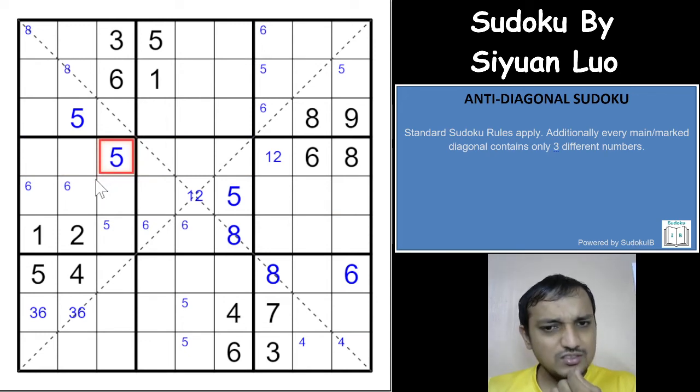But is that helping us? Not much, but let me see what I can do with this.